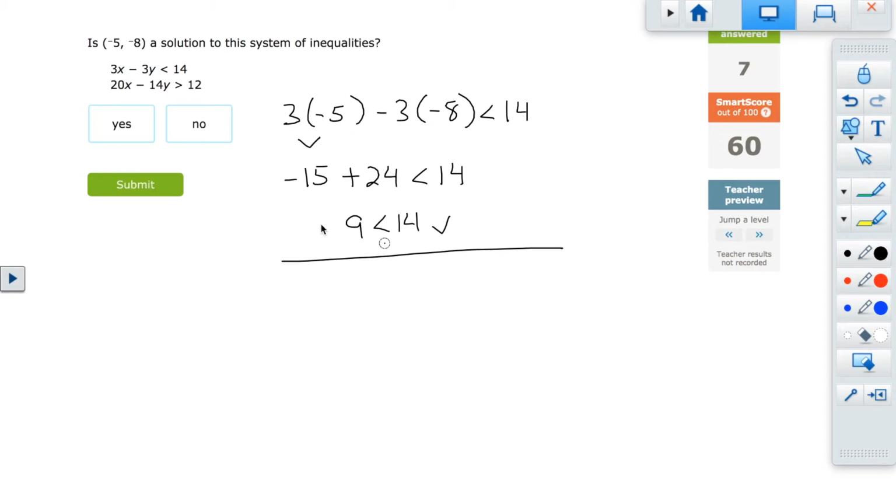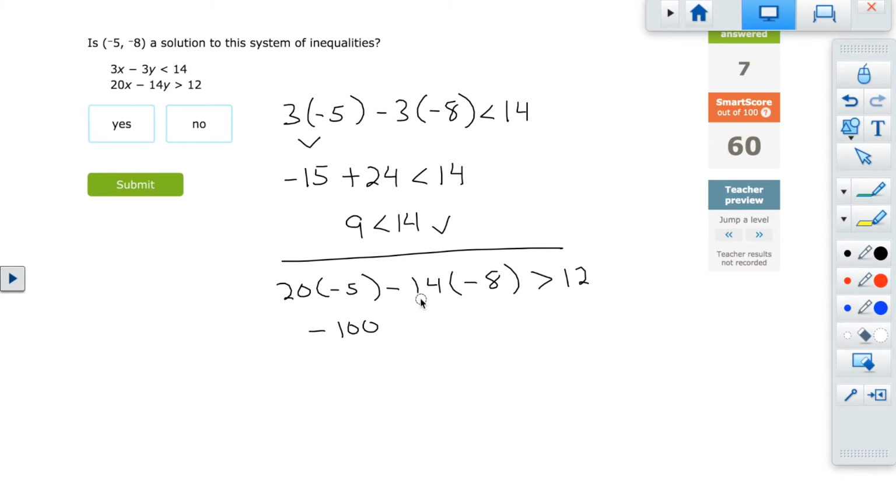Now I'm going to plug it into the second one. I'm going to write my stuff down here. I got 20 times negative 5 minus 14 times negative 8 is greater than 12. 20 times negative 5 is negative 100.